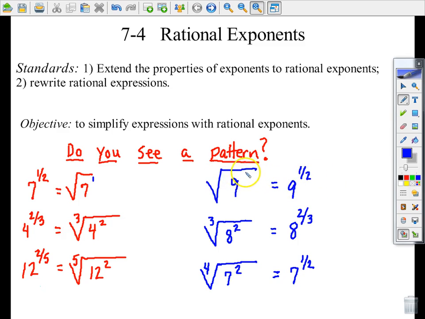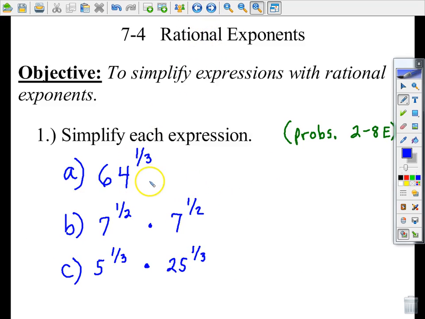And the 1 exponent that we don't see is the numerator. Okay? So notice how we take the cube root of 8 squared and we write it as 8 to the 2/3 power. All right, so this is a big part of today's lesson, from rational exponent to radical and vice versa. Okay, so with that said, let's put this into practice.